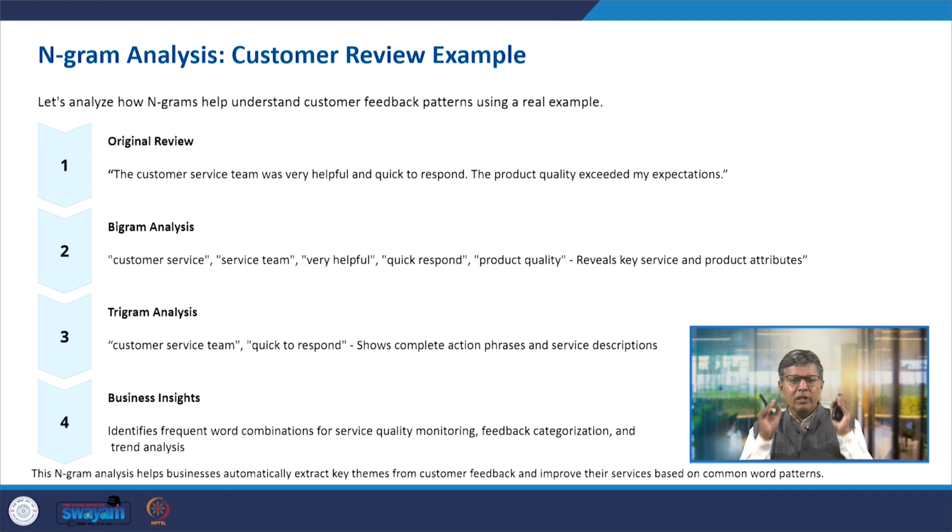Okay. So, in simple terms, Ngram analysis is nothing but trying to divide the sentence into groups of words which give a meaning, and that is later on used for better forecasting, better prediction of the reviews and all these things.